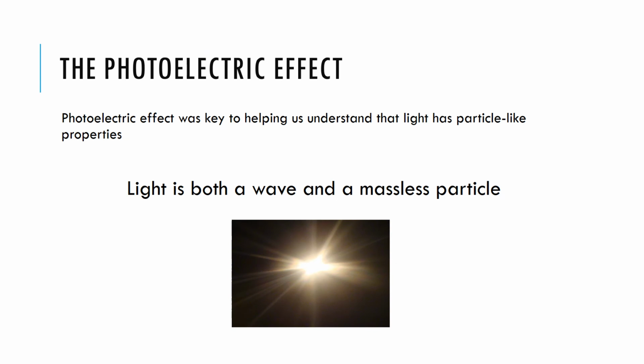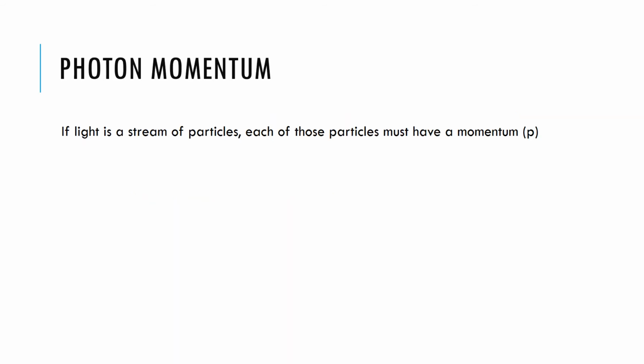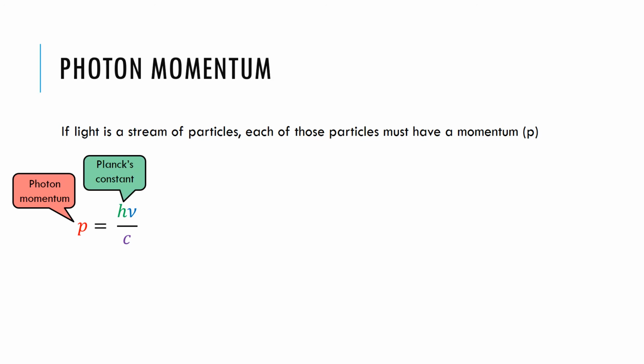So we've seen then that the photoelectric effect was key in helping us to understand that light has particle-like properties, and we now think of light as both a wave and a massless particle. Now, if light is a particle, then each of those particles must have a momentum, and we can calculate the momentum of a photon by taking its energy, Planck's constant, multiplied by its frequency, divided by the speed of light.